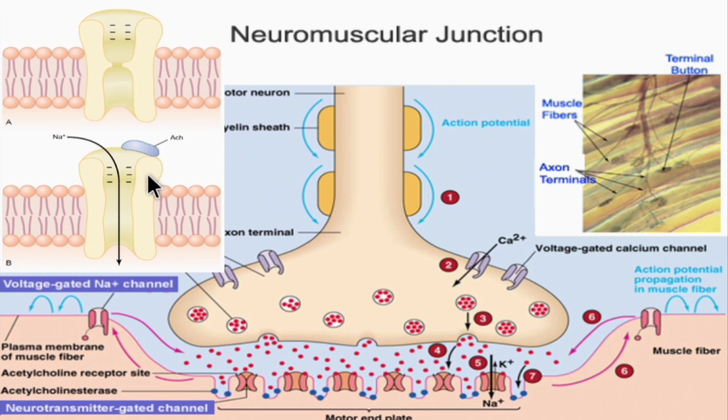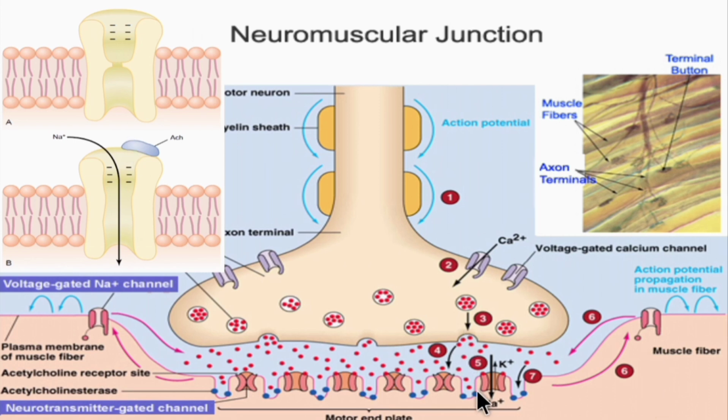Here the acetylcholine has bound to its receptors, which are present at the mouth of the channel. When the acetylcholine attaches to its receptors, these channels open and allow influx of cations, especially sodium ions.